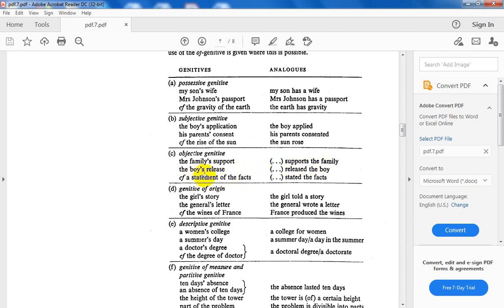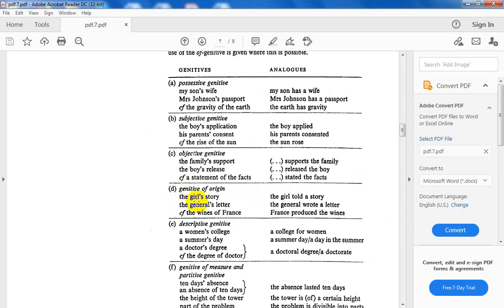The boy's release: someone released the boy. Here you see family and boy refer to persons, to humans, so I add the S genitive. But when I say a statement of the facts, both statement and facts are non-human. So I say of, not S.